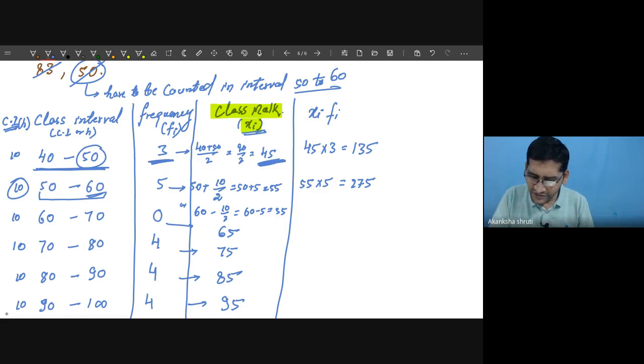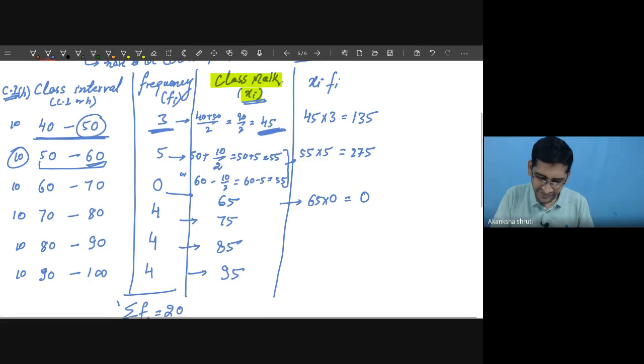What will be for this third one? It is our 65, student. So for this one, it is 65 multiplied by 0. It is 0.